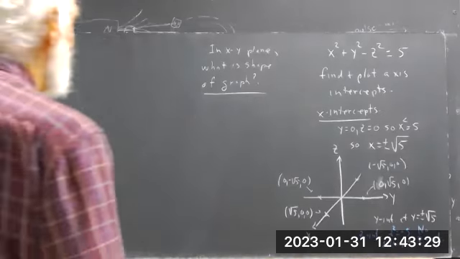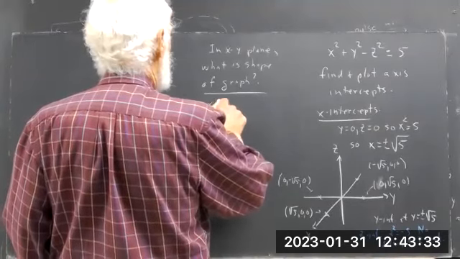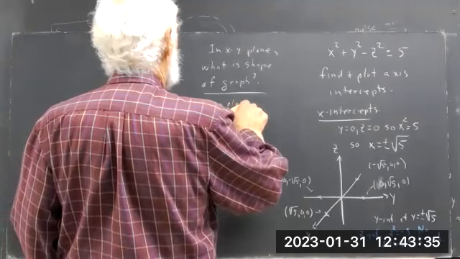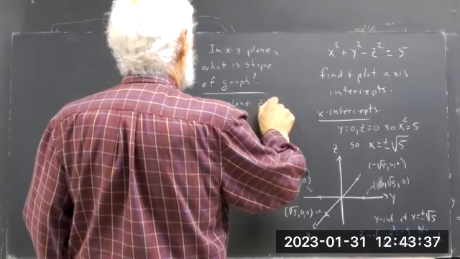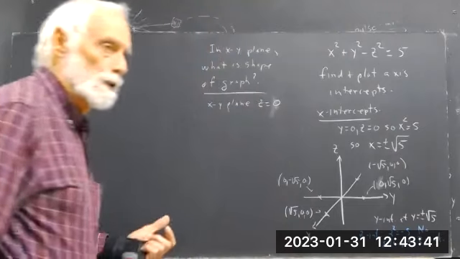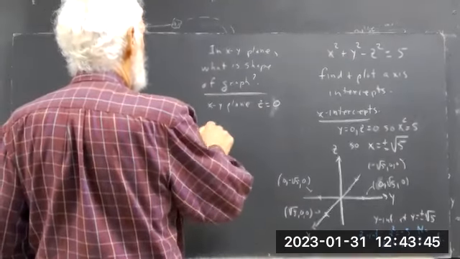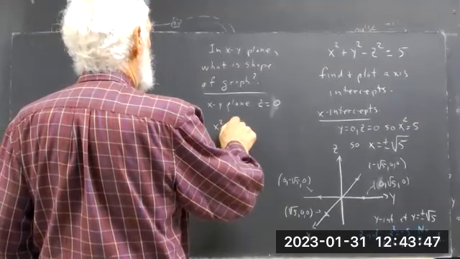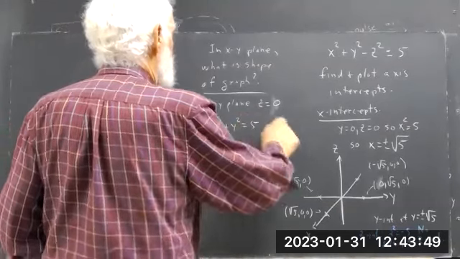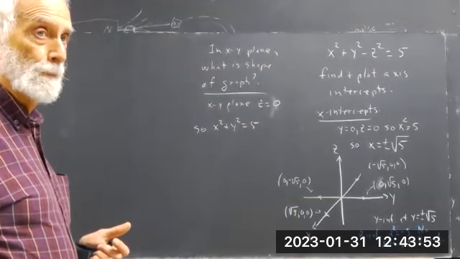Okay. So, well, in the XY plane z is 0. So the thing you could write is x squared plus y squared equals 5, right?